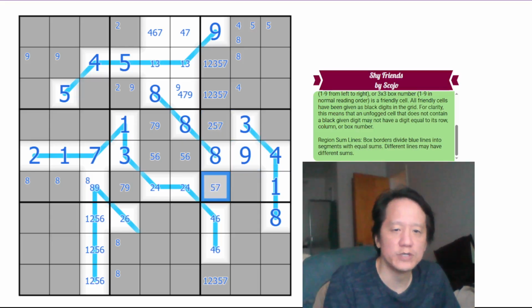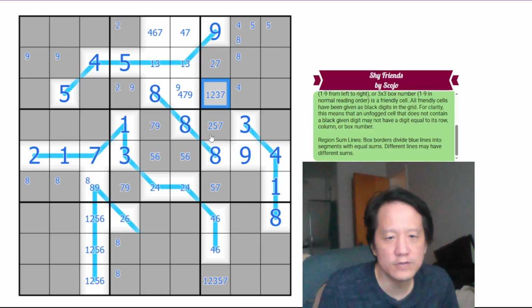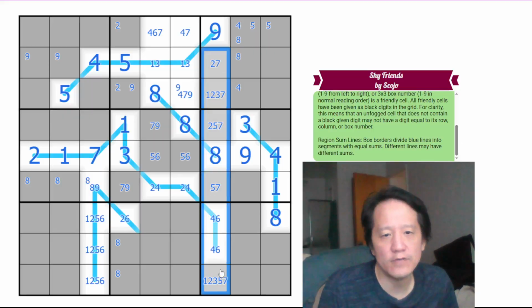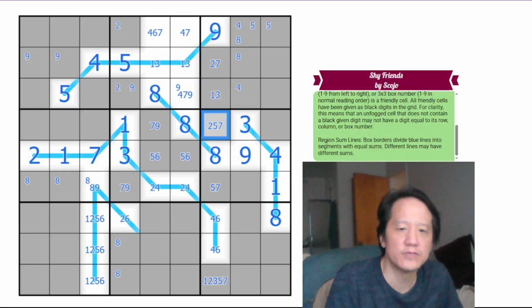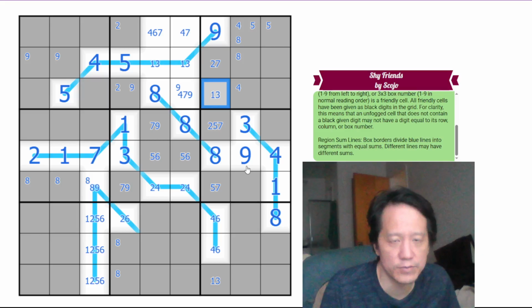This can't be 2 because of the 2, 4 pair in the row. This can't be 1 or 3 or 5. This can't be 5. We have a 2, 5, 7 triplet in column 7, which eliminates 2, 5, and 7 in the rest of the column. This can't be 2 or 7. This can't be 2, 5, or 7. So it's 1 or 3 here or 1 or 3 here.